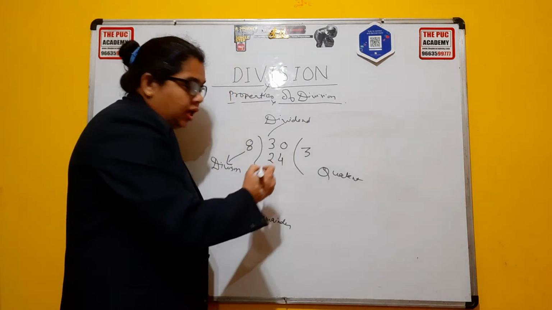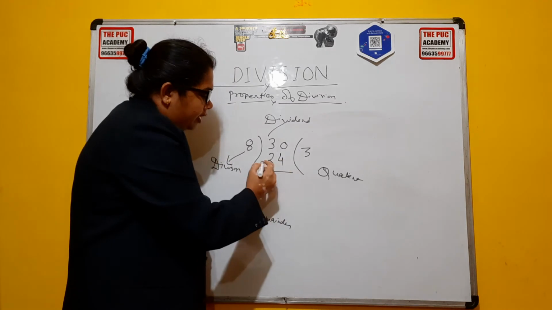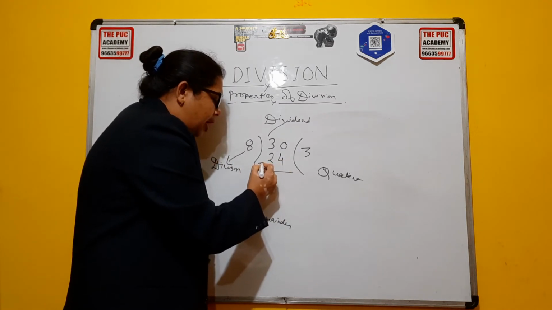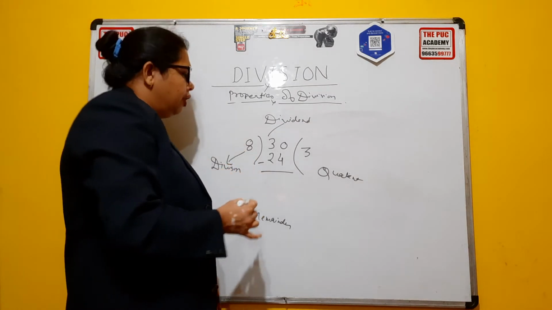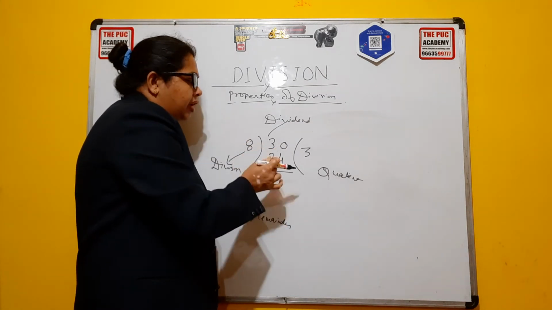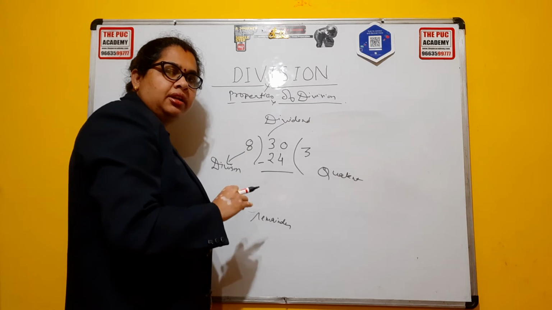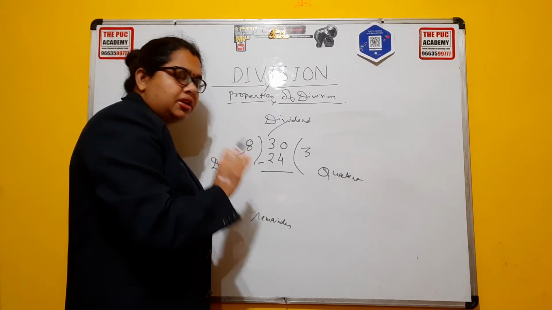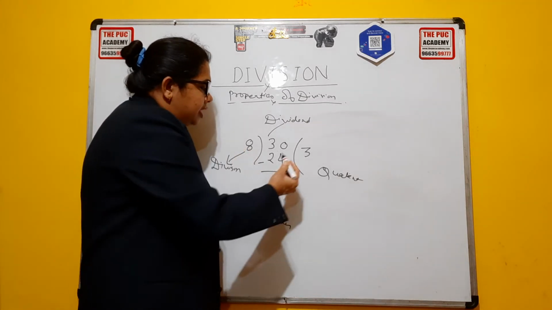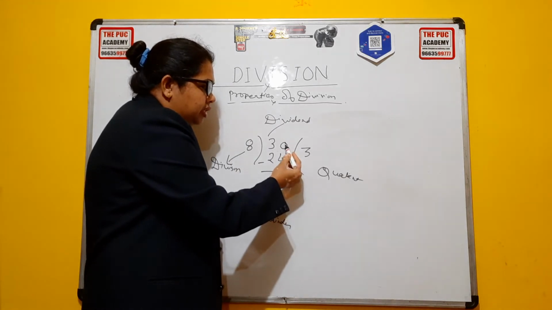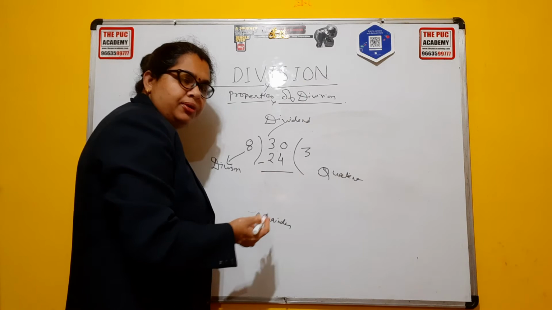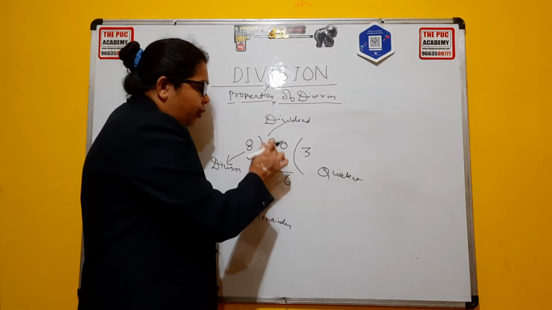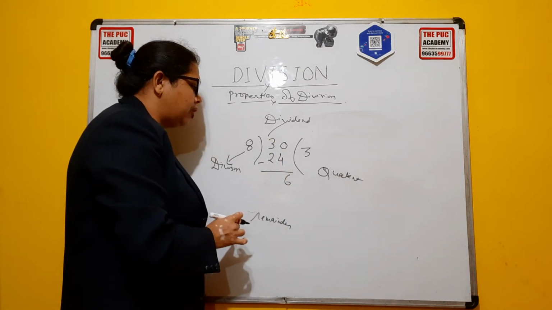And you see here, when you subtract, in multiplication we do addition and in division we do subtraction. So when you subtract this, as we have already done the subtraction concept for 2-digit numbers, now we will see how to subtract. So this 0 will be considered as 10 and 10 minus 4 will be 6, and 1 is borrowed.